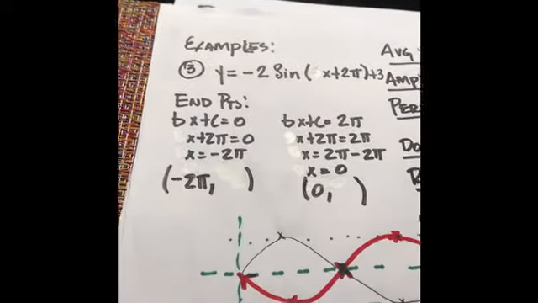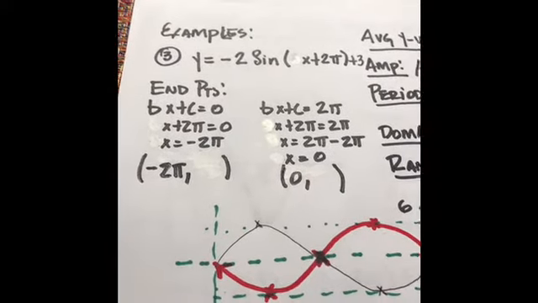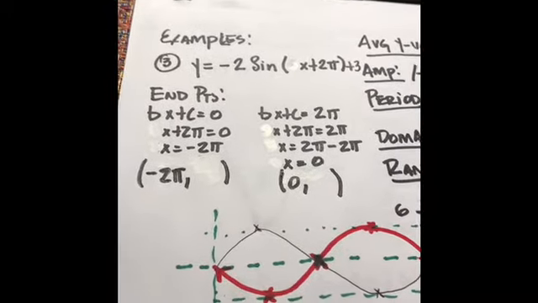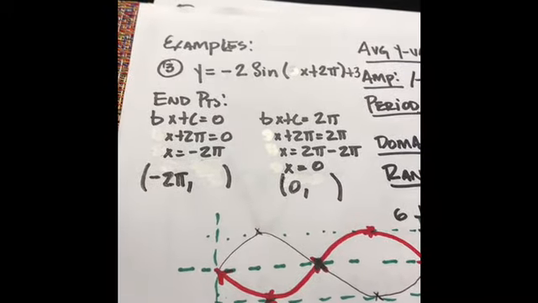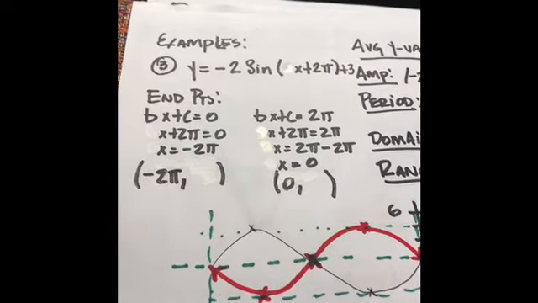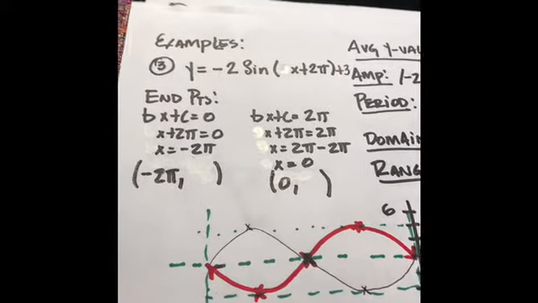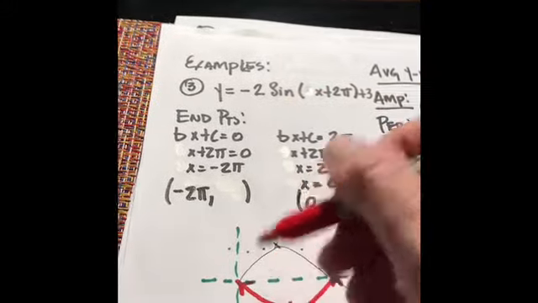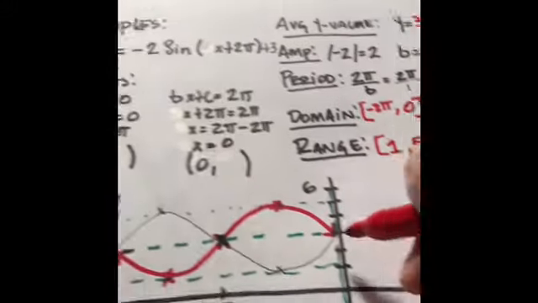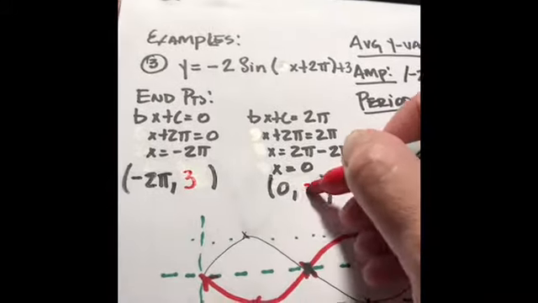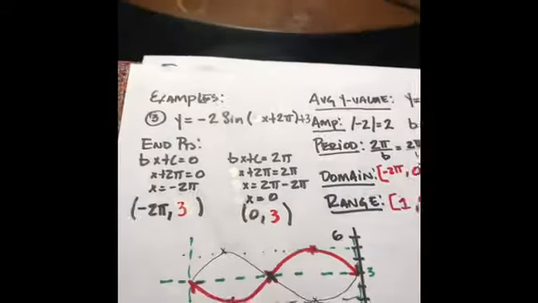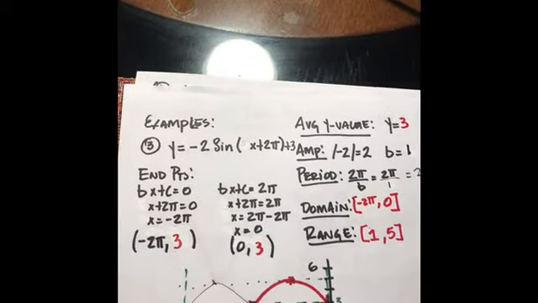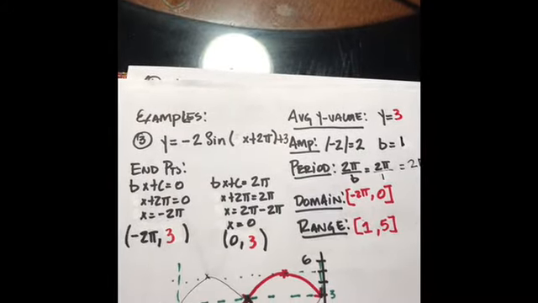The domain goes from negative 2 pi to 0, closed in brackets, and the range goes from positive 1 to positive 5. And my endpoints would now be minus 2 pi, which is this one, comma 3, and 0 at a height of 3. And that's my complete example of a reflected graph over the x-axis.